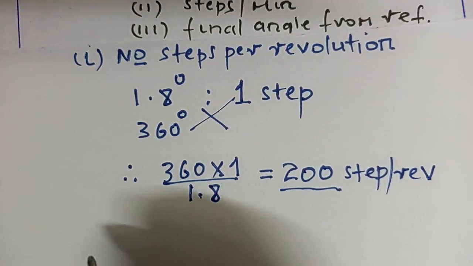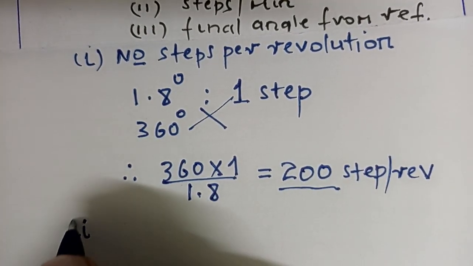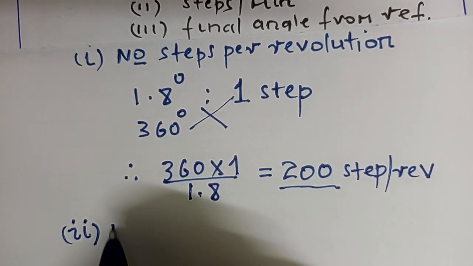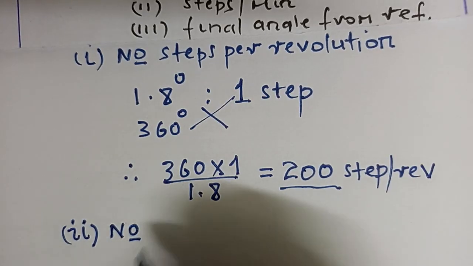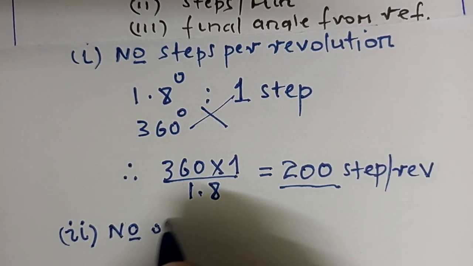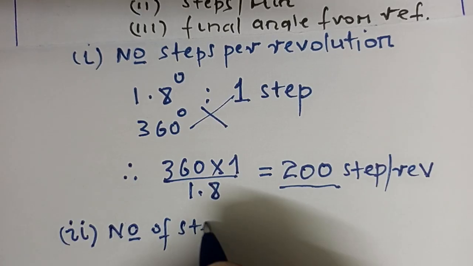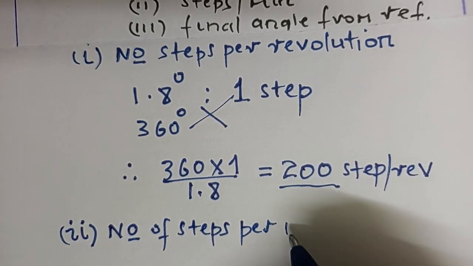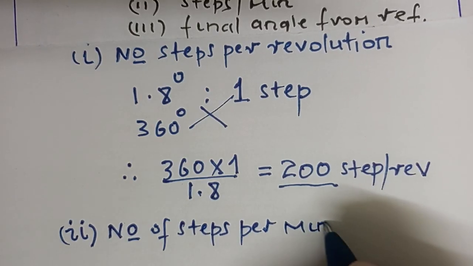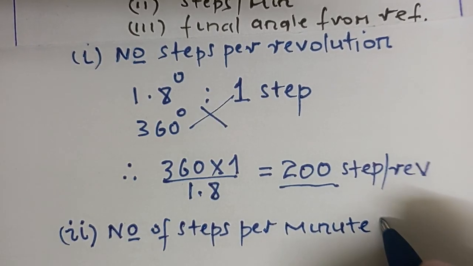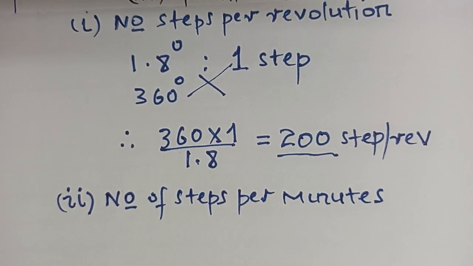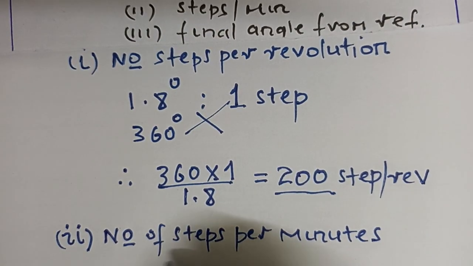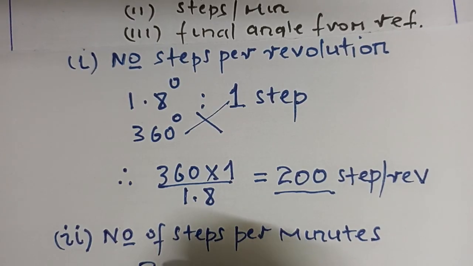Guys, we go to part two. For part two, we are talking about the number of steps per minute. For that, we are going to say that one revolution is 200 steps.